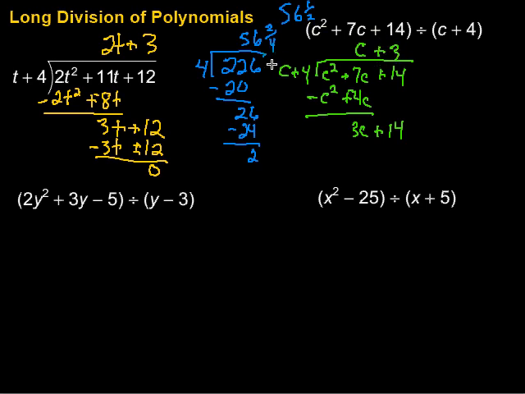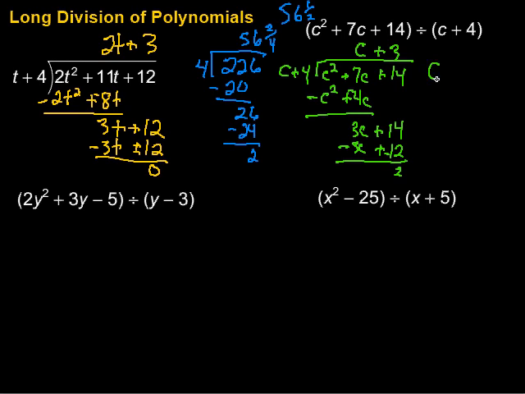Well, plus 3. So, 3 times c is 3c. Then, 3 times 4 is 12. Then, distribute a negative through, and that's 0, but wait, 14 minus 12 is 2.